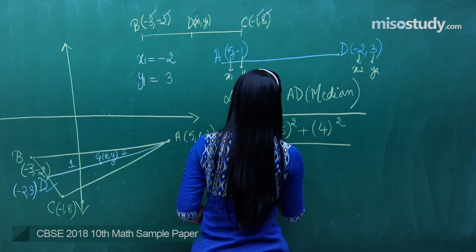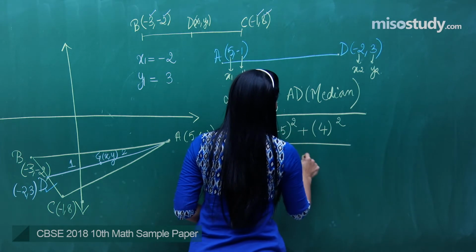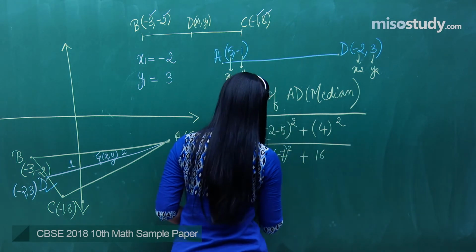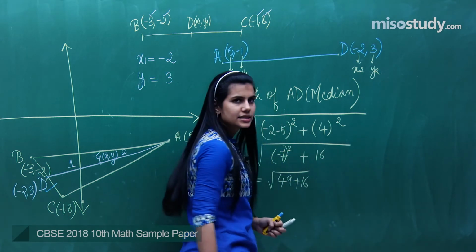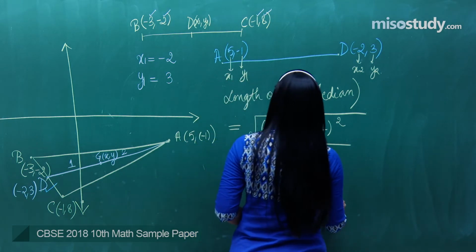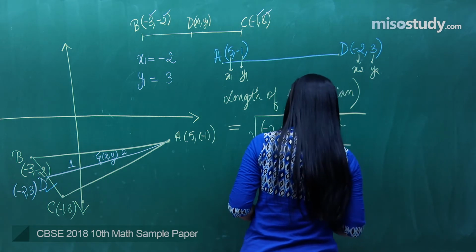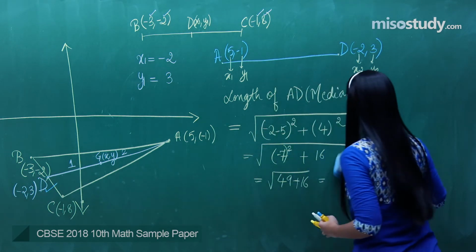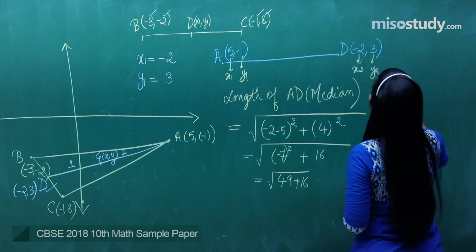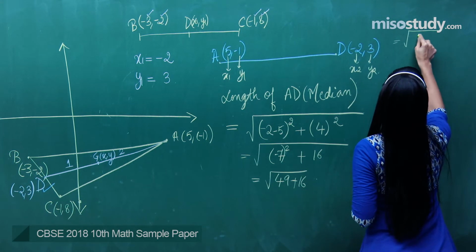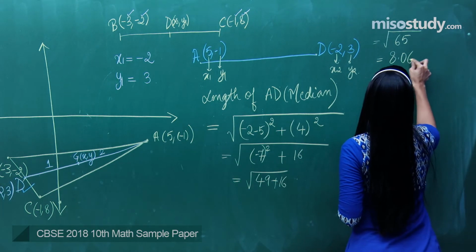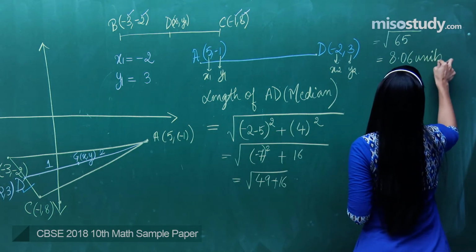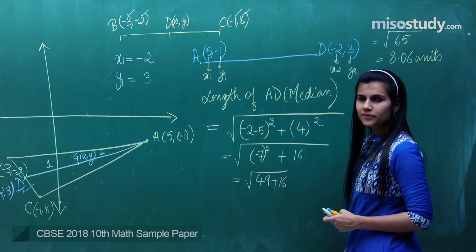This gives you under root -7 square plus 4 square, or you get 49 plus 16, which eventually gives you under root 65, which gives you 8.06 units.